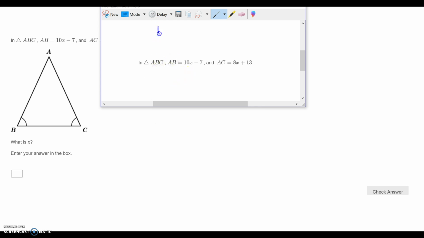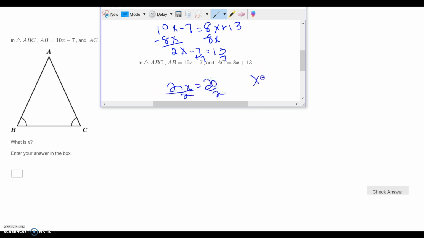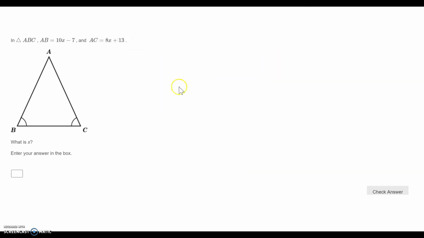So 10x minus 7 equals 8x plus 13. We're going to subtract 8x on both sides. That gives us 2x minus 7 equals 13. Add 7 to both sides. You get 2x equals 20. Divide by 2. X equals 10.